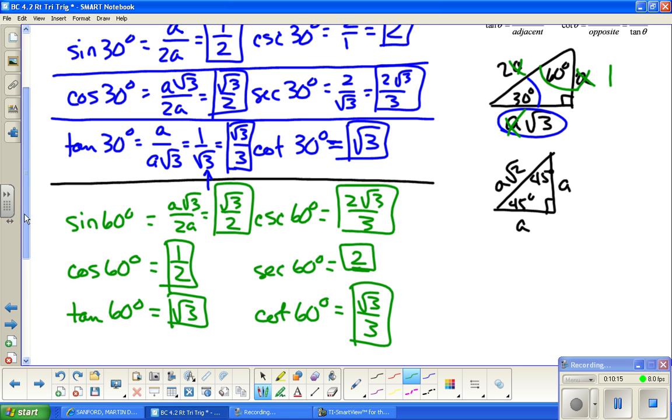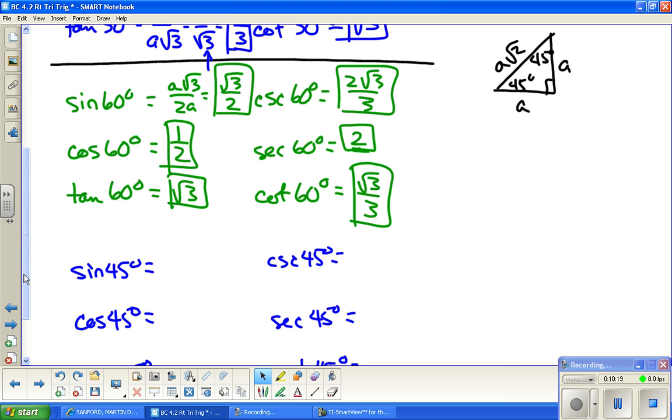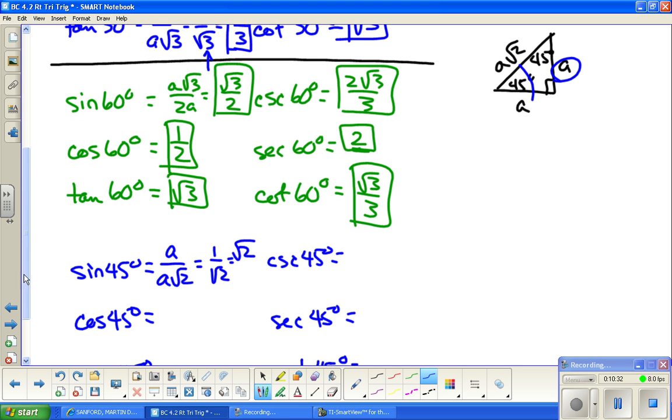Okay, same ideas when we start getting to 45 and sine of 45. So here's 45. Sine would be opposite over adjacent. So this is 1 over the square root of 2, which is square root of 2 over 2. The reciprocal is just square root of 2.